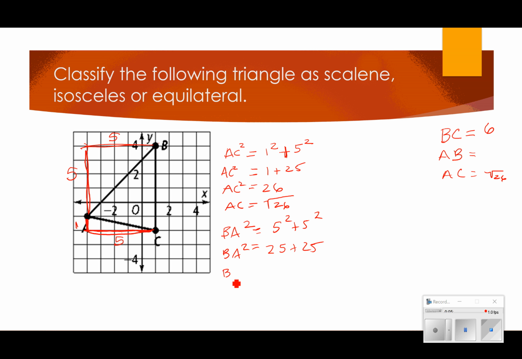So BA squared equals 50, and then when I square root both sides, BA is going to be the square root of 50. So look, all three sides are a different length. That means my triangle is scalene. So this is scalene. No sides are congruent.